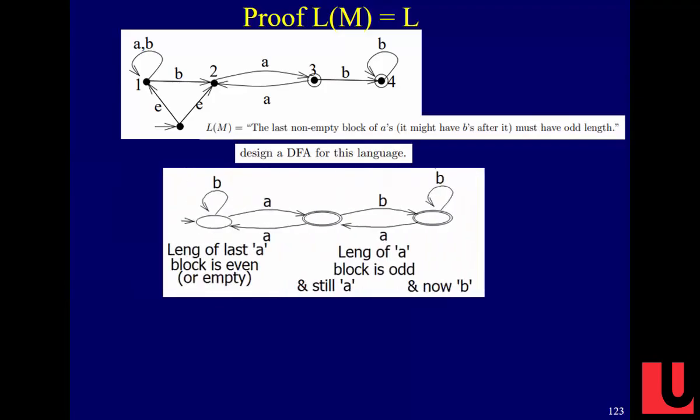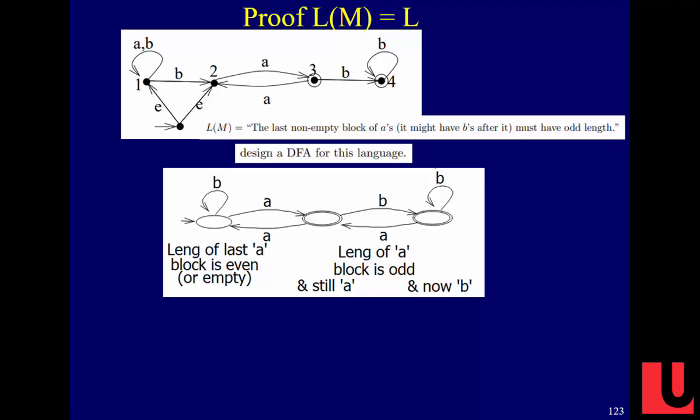Here, suppose I ask you then to give me a different DFA that does the same thing, right? And here's a different DFA. Why? Well, here, it's all about the meanings of the state, right? Here, what's the meaning? The length of the last A block is even or empty, right?